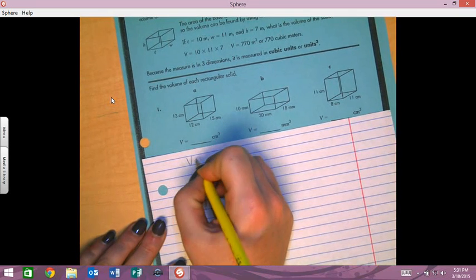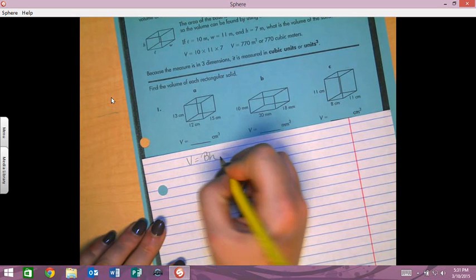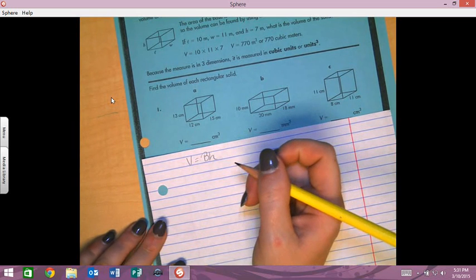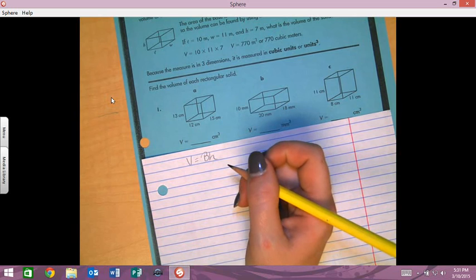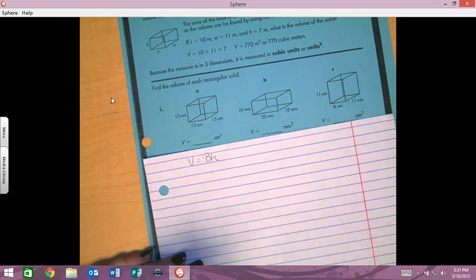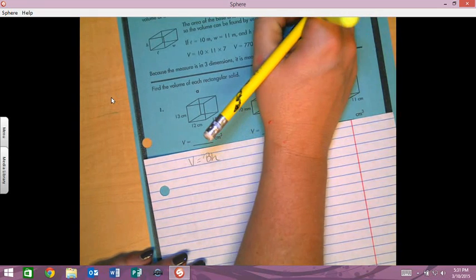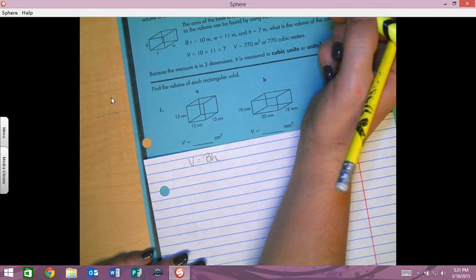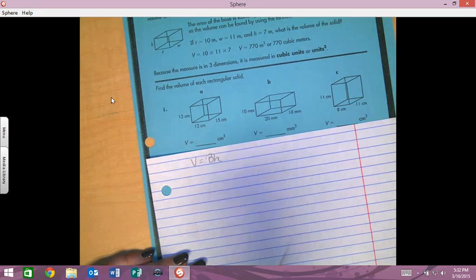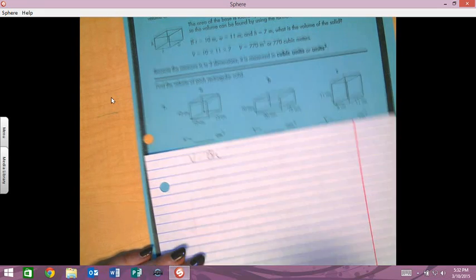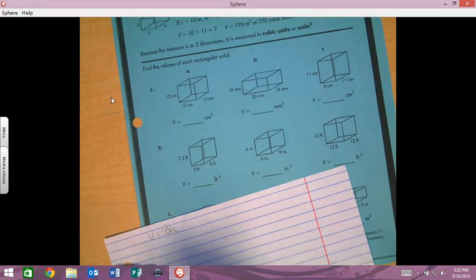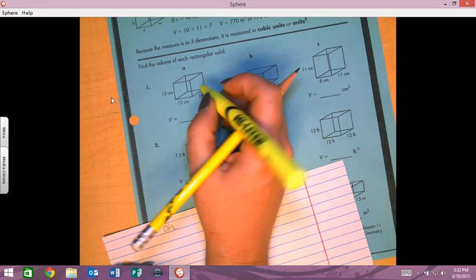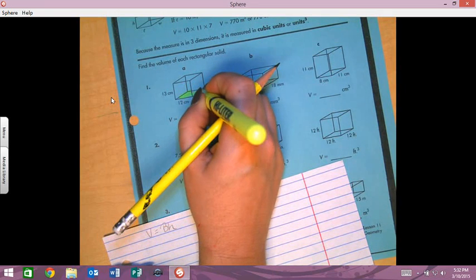What changes is what your big B is, because your big B represents the area of your base, okay? So the area of your base is your big B, and we're multiplying that by its height. So for this page, I would just make your base all of the bottom.